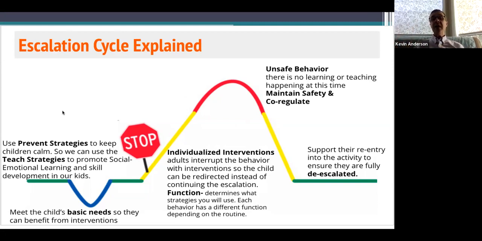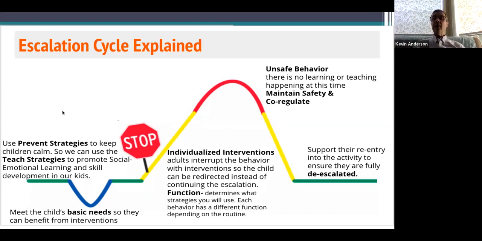So we often see it as this nice gradual graph. We also know that it doesn't always occur that way. So that is something that is really important for you as parents and caregivers to be able to communicate to your teams, that if your child escalates very quickly, that is very important for the teams to know.